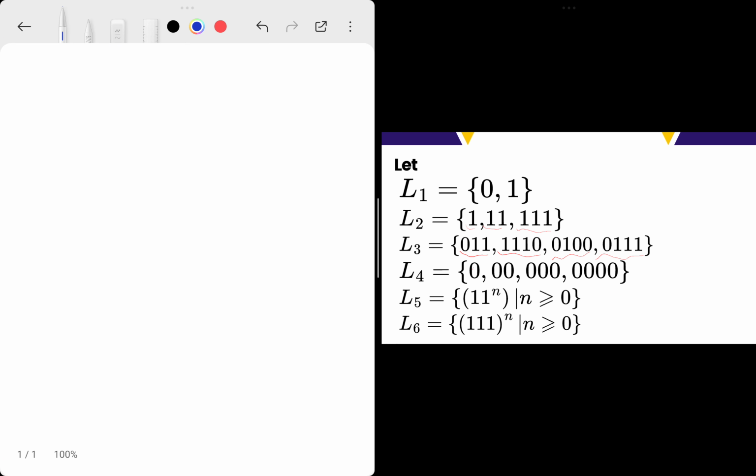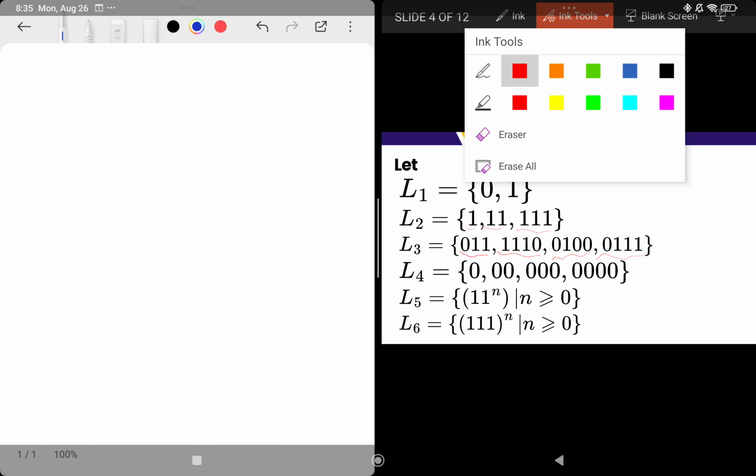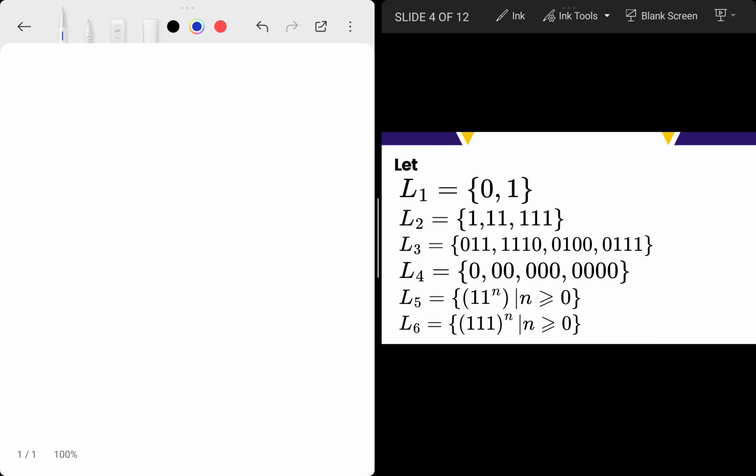Now, how about intersection? Let's have L sub 1 intersection L sub 3.